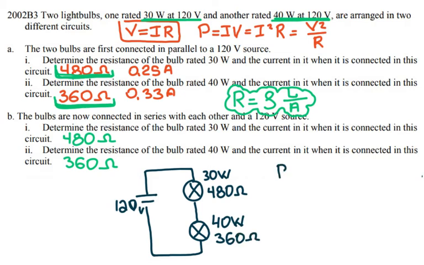The total resistance in the series connection is the sum of the two, so that's 480 plus 360. We just add them, and that gives me 840 ohm.